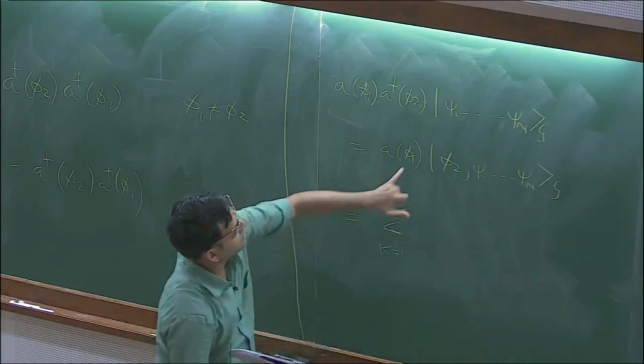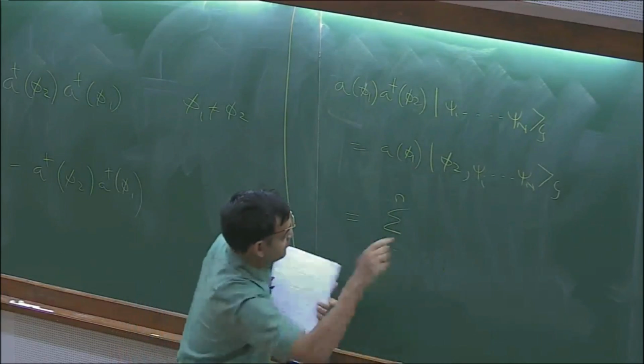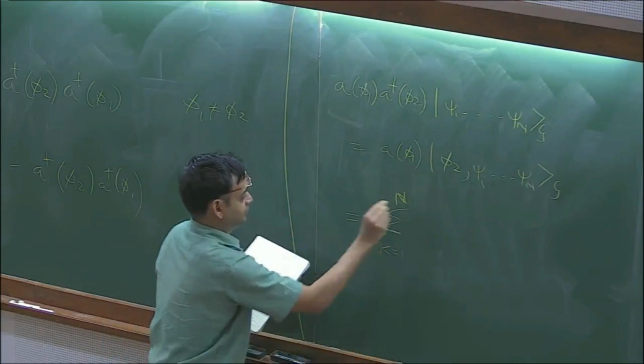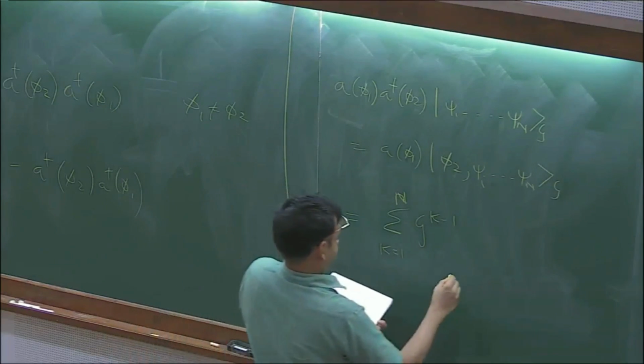So first of all this phi 1 could be one of these labels, psi 1 to psi n, and then you get the same formula there which we had earlier, with k minus 1.